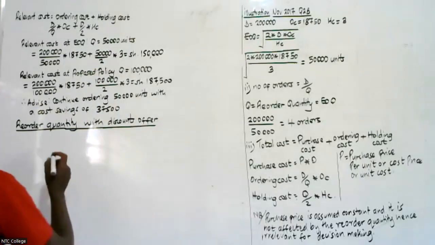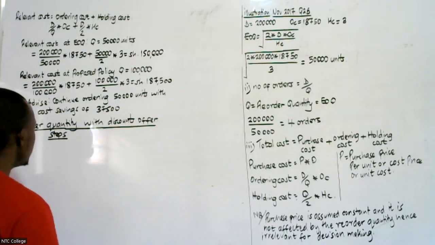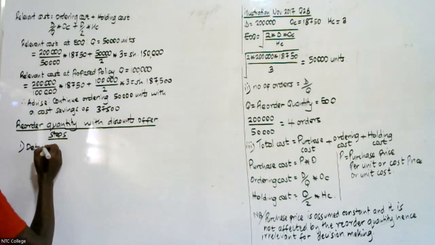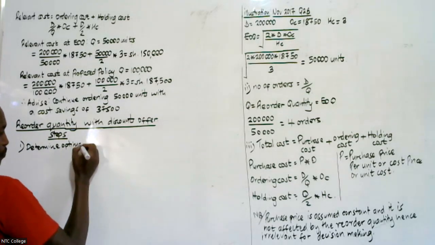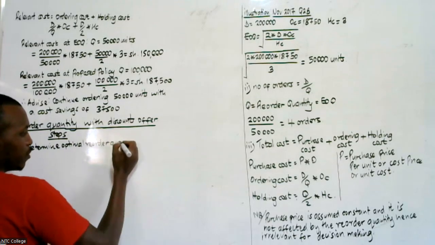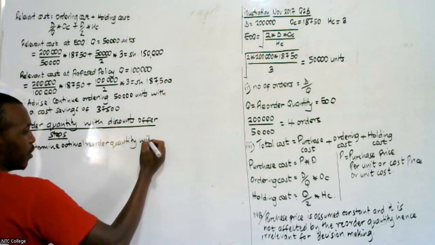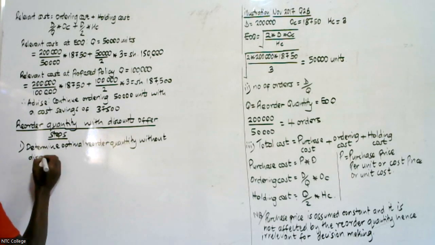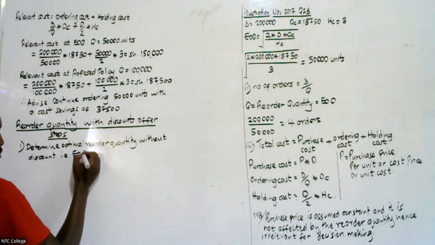So these are the steps you need to follow. Number one, determine the optimal order quantity Q without discount, i.e. EOQ.